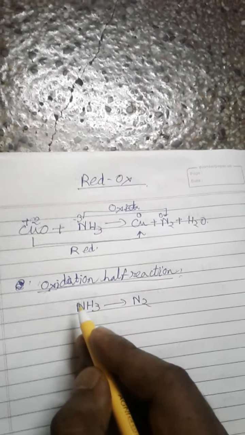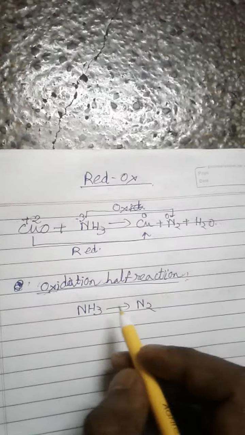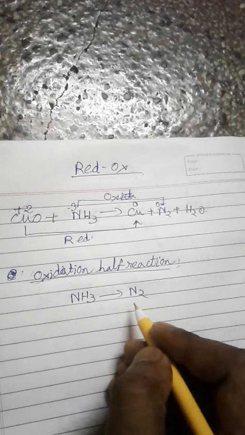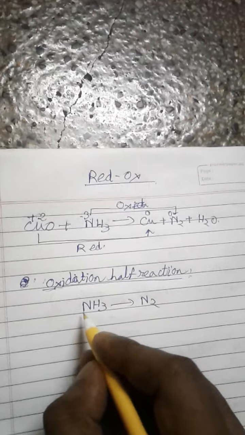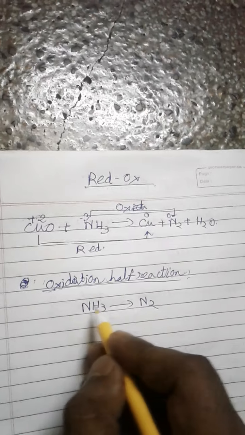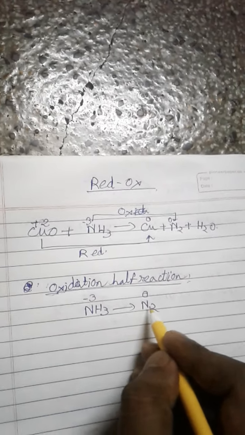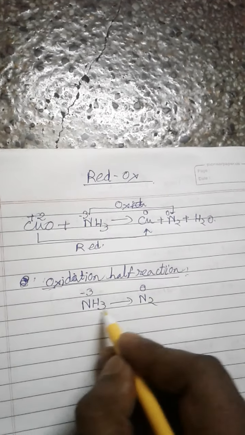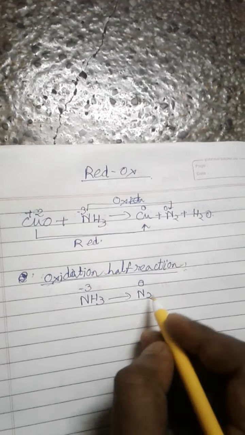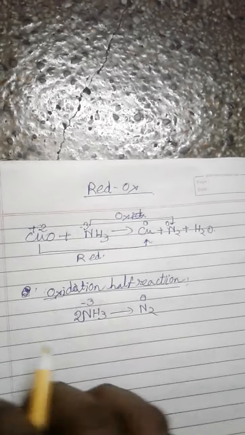Now the method is to balance the element which gets reduced or oxidized only. This is the nitrogen here, and we have to balance only the nitrogen element, not the hydrogen. Here 2 nitrogen present, so we must write 2 before ammonia.